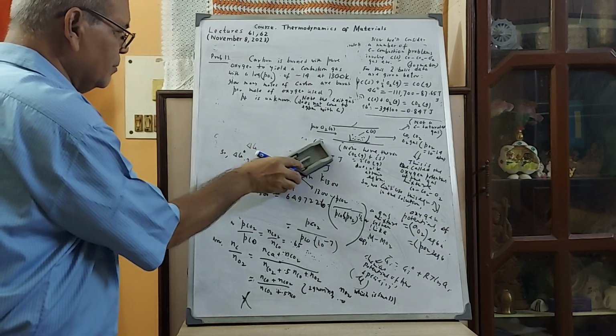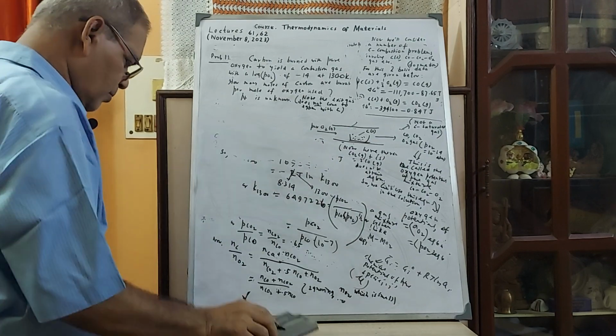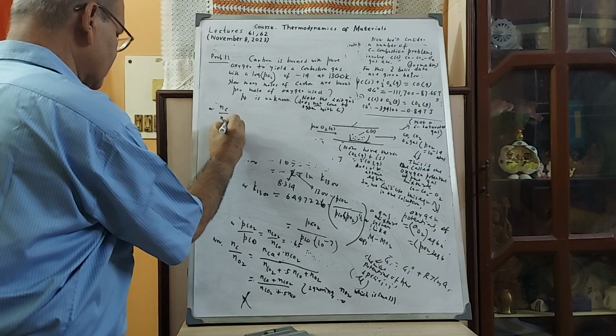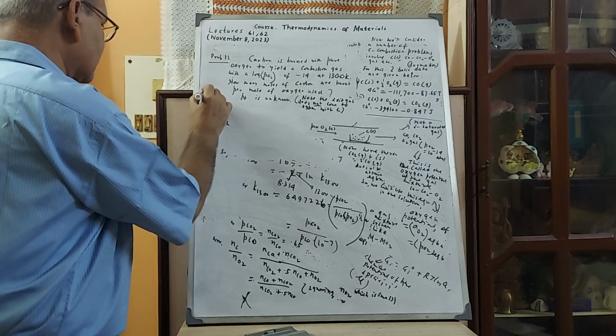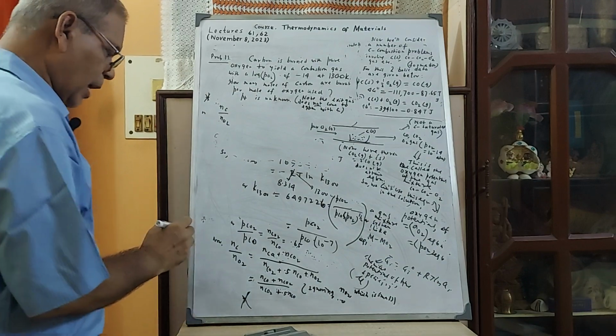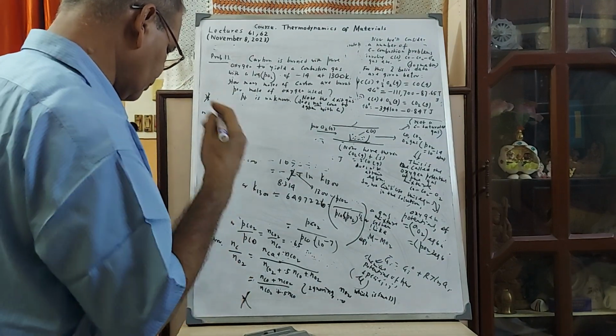So NC by NO2, this is a good idea. Go slowly. Just tell me how to write this. What do you have here?